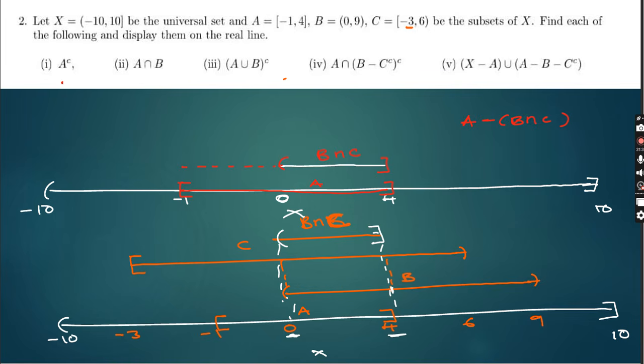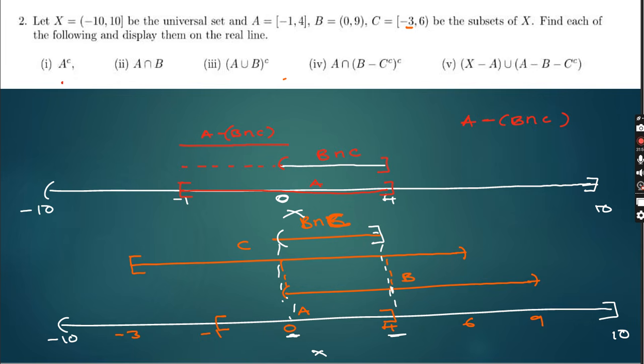So we are going to write our line on top now to show that this is our A minus B intersection C. Like the way I'm showing things here, guys, it's how we should show this.